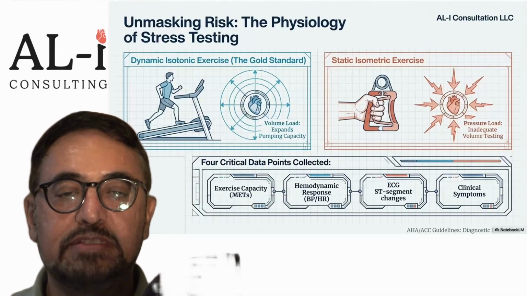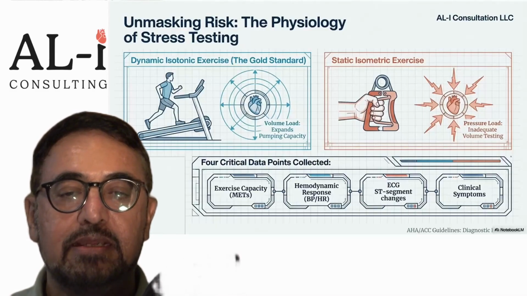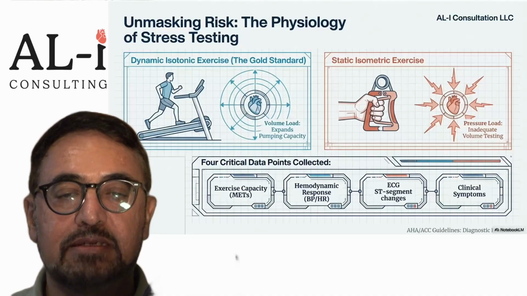The key non invasive tool is exercise testing. Typically, treadmill exercise using a Bruce protocol is done, but the value is not simply whether the patient can complete the test. We look at three major components: exercise capacity, ST segment changes on EKG, and angina symptoms during exercise.